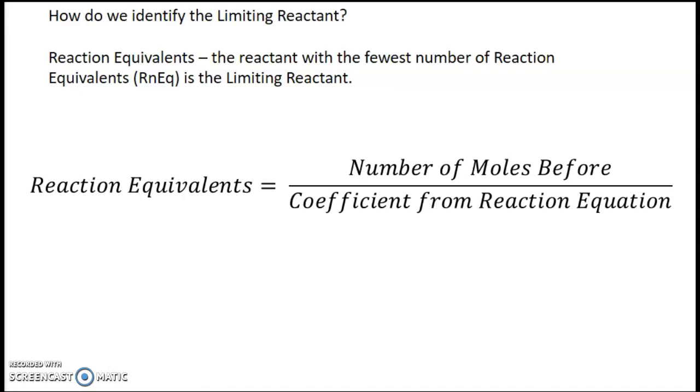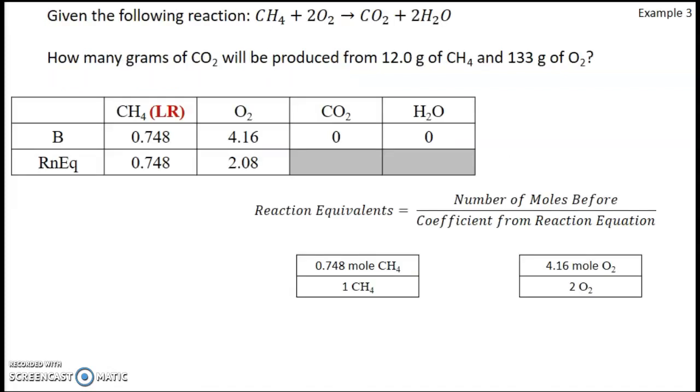So in our example, we are going to take our number of before moles for CH4, 0.748, and we're going to divide it by the coefficient of CH4 in the balanced chemical reaction equation, which would be 1. And so 0.748 divided by 1 is going to be 0.748.